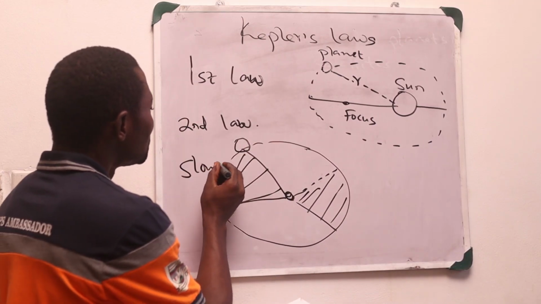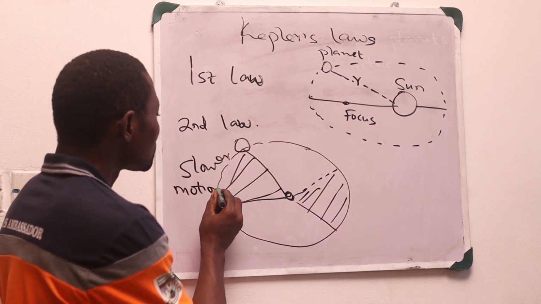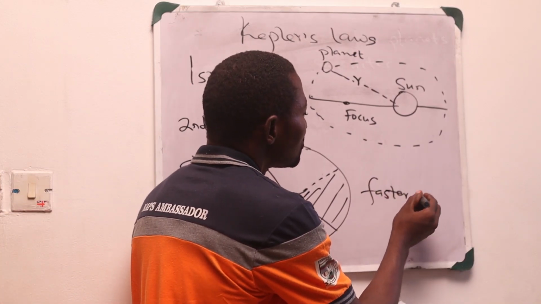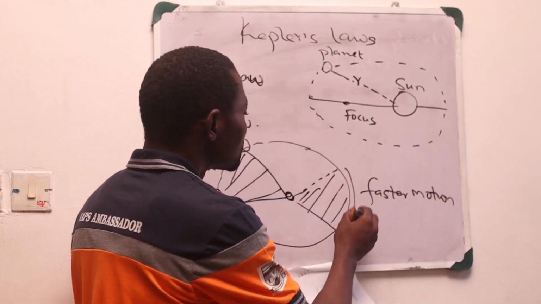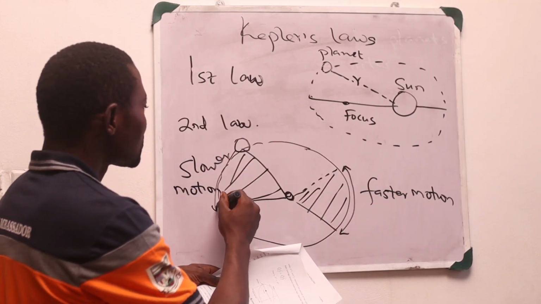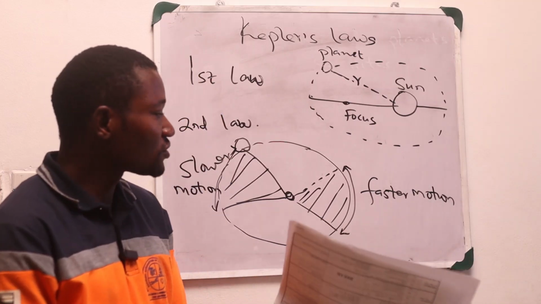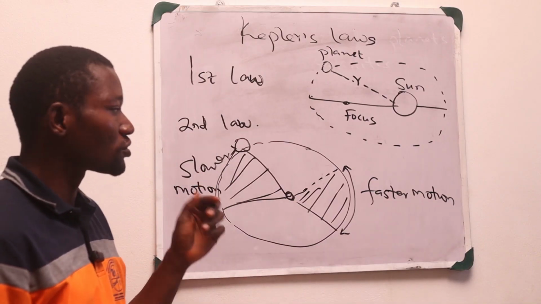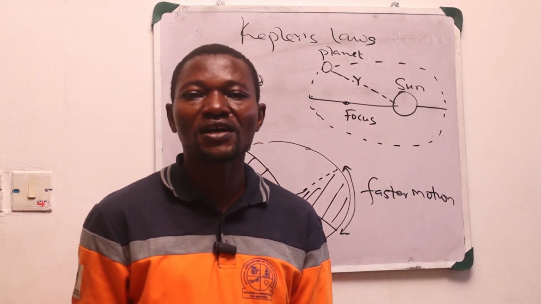At a point, the planet observes slower motion. At another point, it observes faster motion. So here, faster motion, here, slower motion. But from his observation, whether faster motion or slower motion, equal area is covered in equal intervals of time.